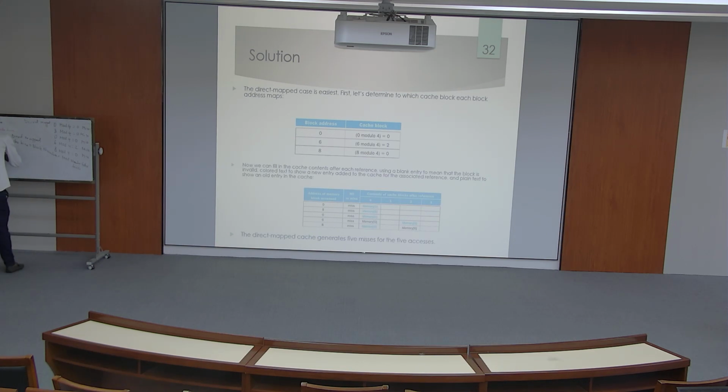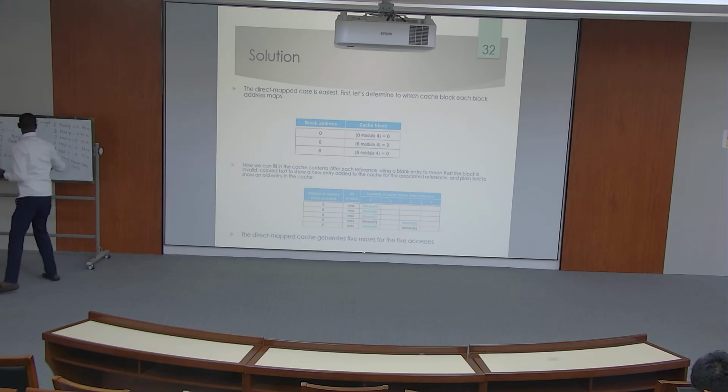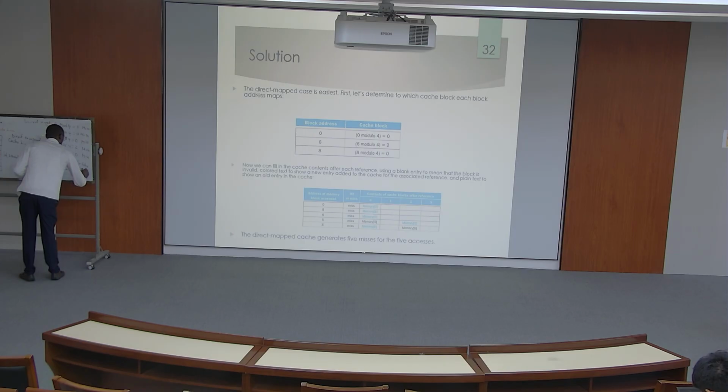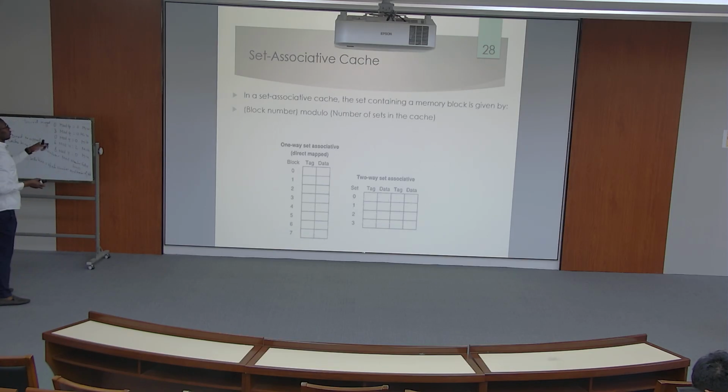For set associative, the cache set equals the block number mod the number of sets. Here we have the block number mod the number of sets in the cache.